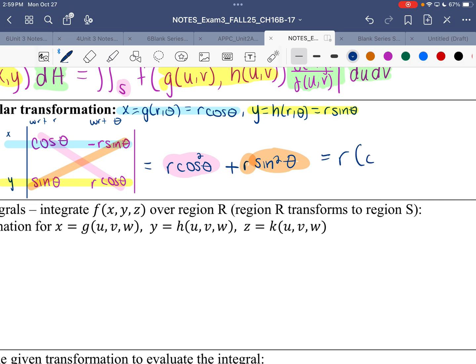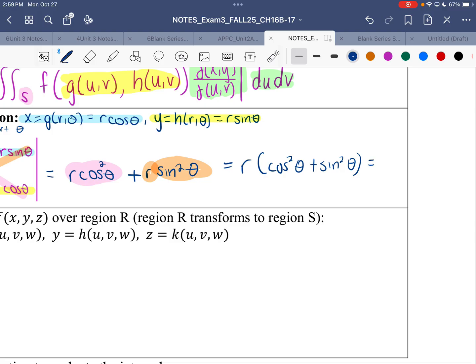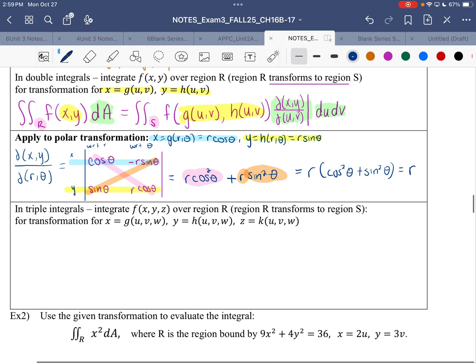And then I have cosine squared theta plus sine squared theta. Oh my gosh, what does that equal? 1 times r. It's almost like why we've been multiplying by r dr d theta is because this was like the Jacobian multiplier thing. We just didn't want to do that every single time that we had to do that transformation because it happened so much.